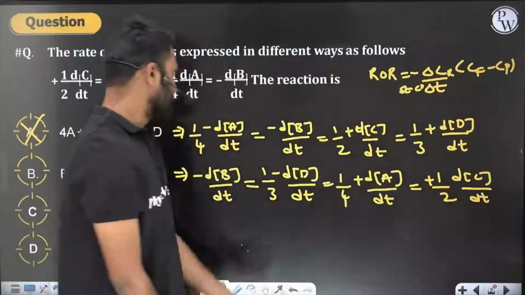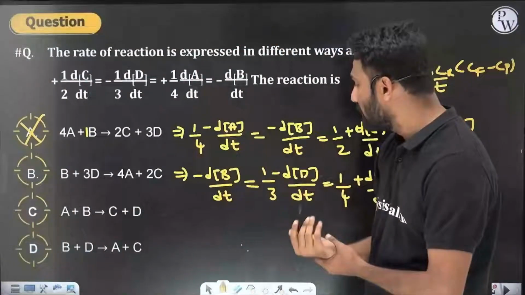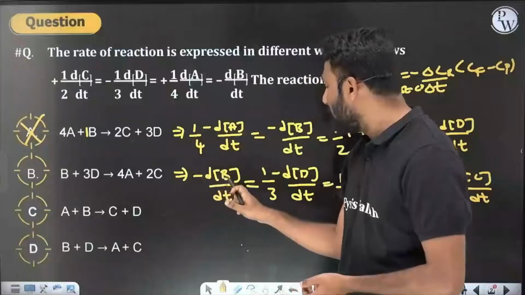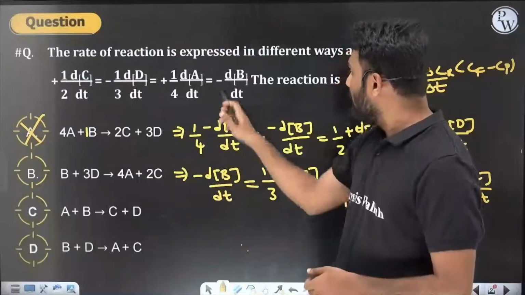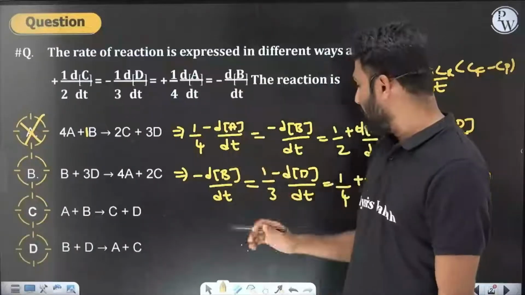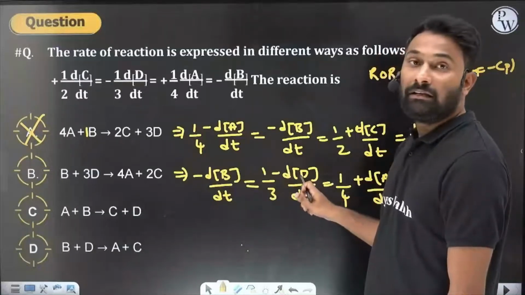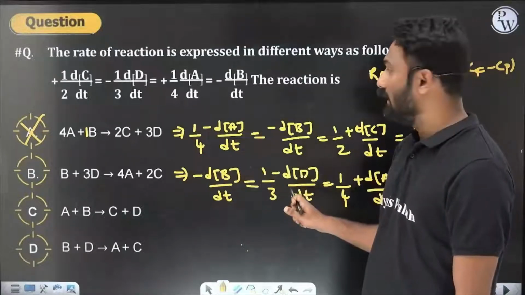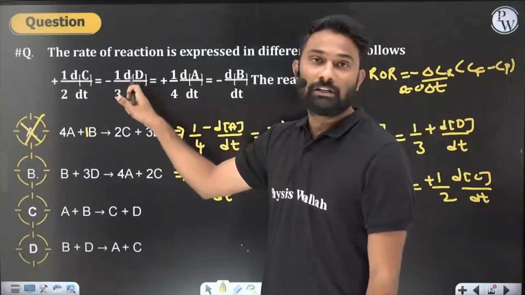Now is this rate expression matching or not? Minus dB by dt, here also minus dB by dt. Next, 1 by 3 d concentration of D by dt, here also minus 1 by 3 d concentration of D by dt.